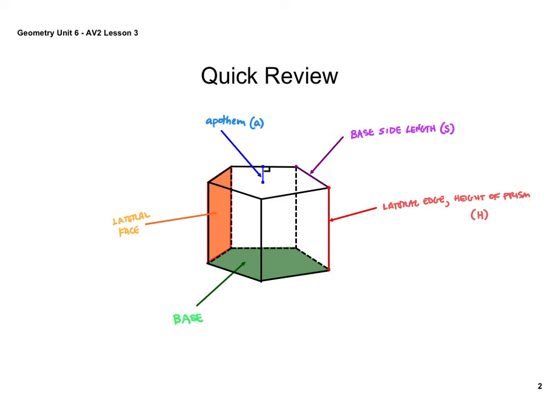Going back to the base there, we're going to use the variable capital B, specifically calling that the area of the base. Those two variables are going to be important today in our lesson. So capital B and capital H. Let's get into this.